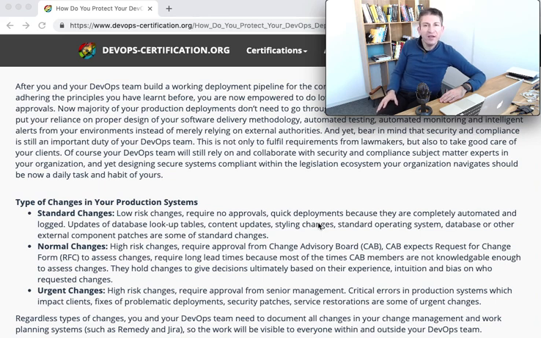So in summary, what we try to say here is, in a DevOps organization, you don't expect somebody else in your organization to take good care of your quality or compliance or security.